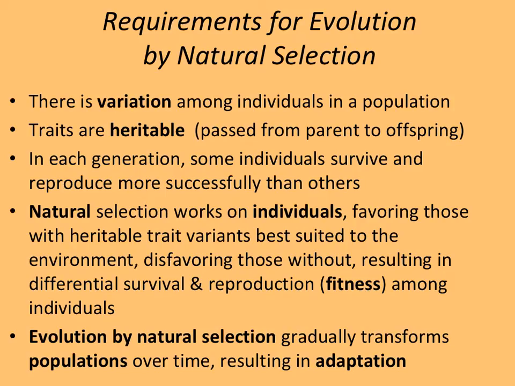Okay, now, for evolution by natural selection to occur, there has to be variation. Do you look like I do? Okay. Do you look like her? Does anybody in this room except for you look like anybody else in this world?